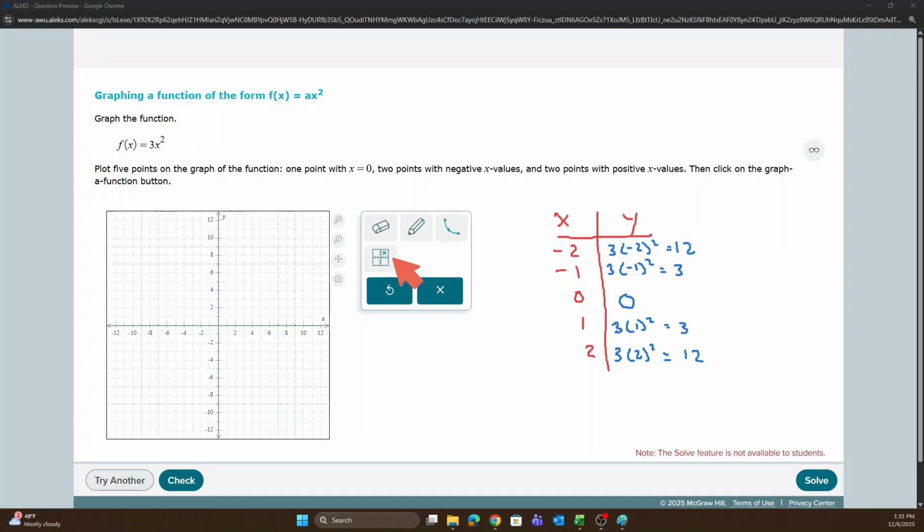And what we want to do is input these points on our graph. So we have the points -2, 12. This is the point -2, comma 12. This is -1, comma 3. This is 0, 0. This is 1, 3. And this is going to be 2, 12.